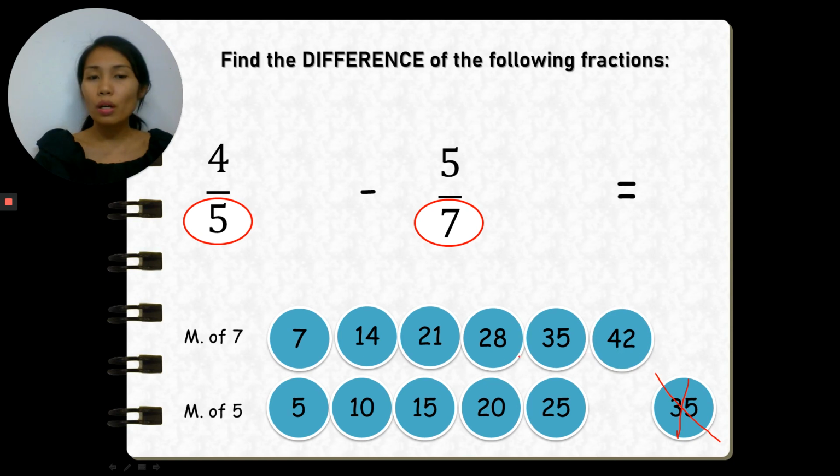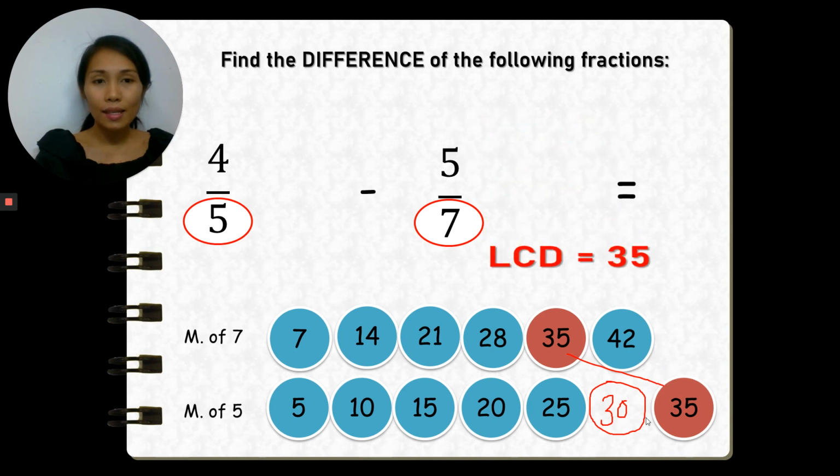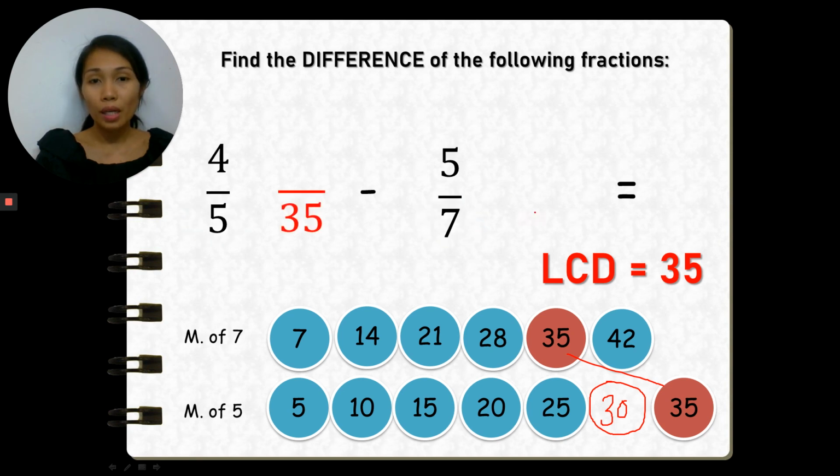So the common multiple is 35. Now that we got the common multiple, that is the LCD, and that LCD will be our new denominator.